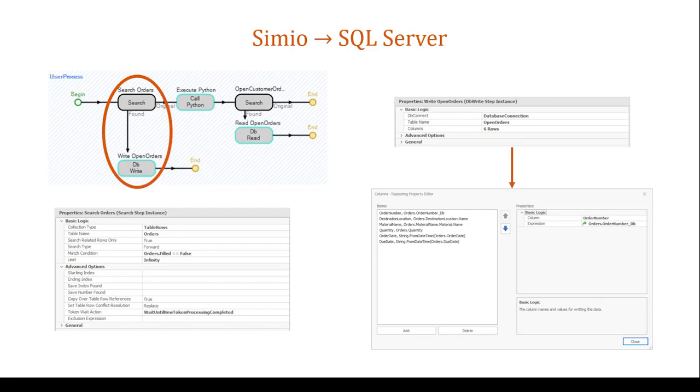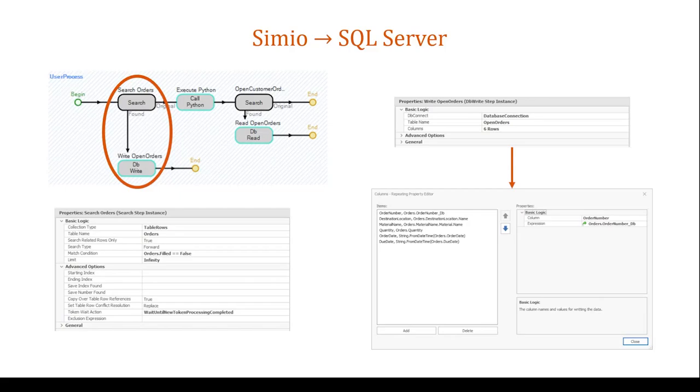So for this example, in the SQL Server database, a table by the name of open orders is used. The DB write step also requires a DB connect element that is defined in the definitions tab of the model and listed here. This is important in order to connect the SQL Server database and the Simio model.